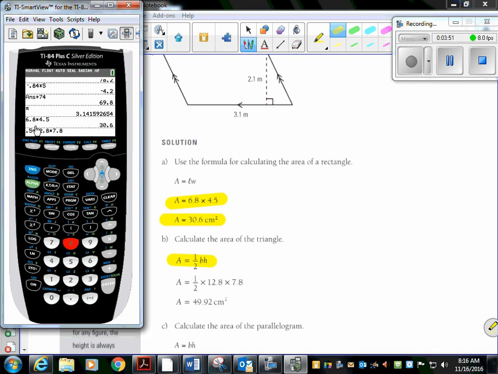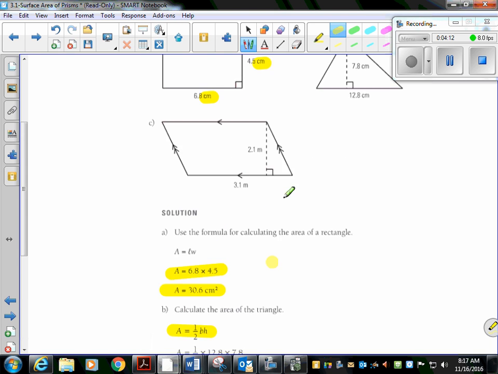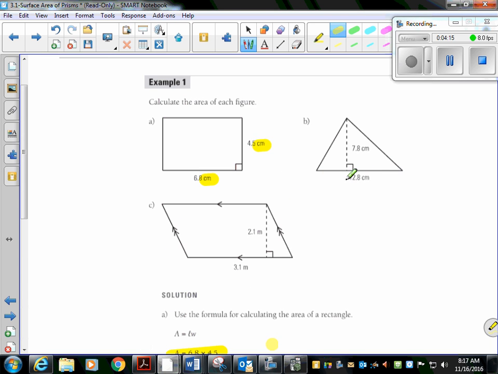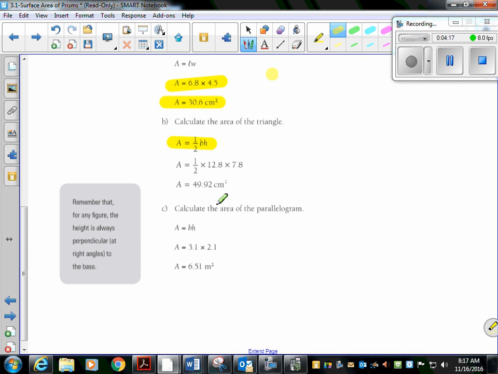So I do 0.5 times 12.8 times 7.8, or I do 1 divided by 2, has to be in brackets though, times 12.8 times 7.8, which gives me 49.92. Go back up here. This was in centimeters. Area is always a length squared. So this is centimeters squared.